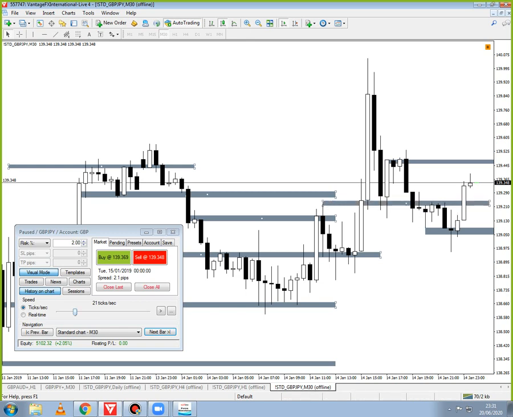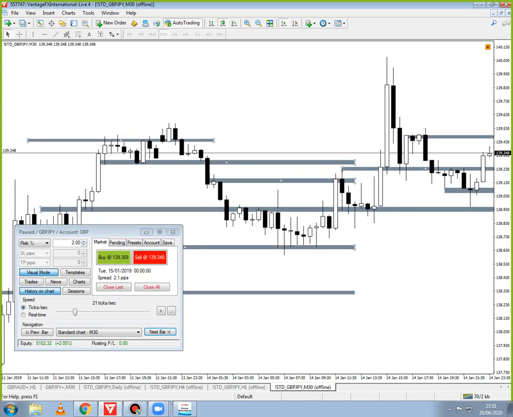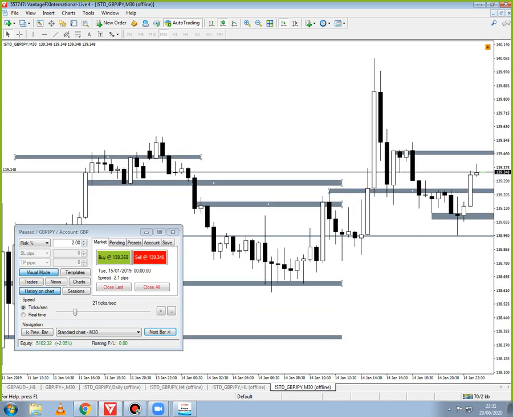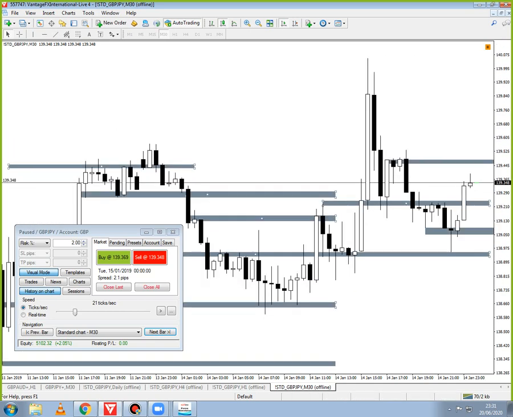So I think buys above this area here, or maybe if we get a close below this support area, we sell down into this support area down over here, which is about 14 pips. But I think buys look a lot better.